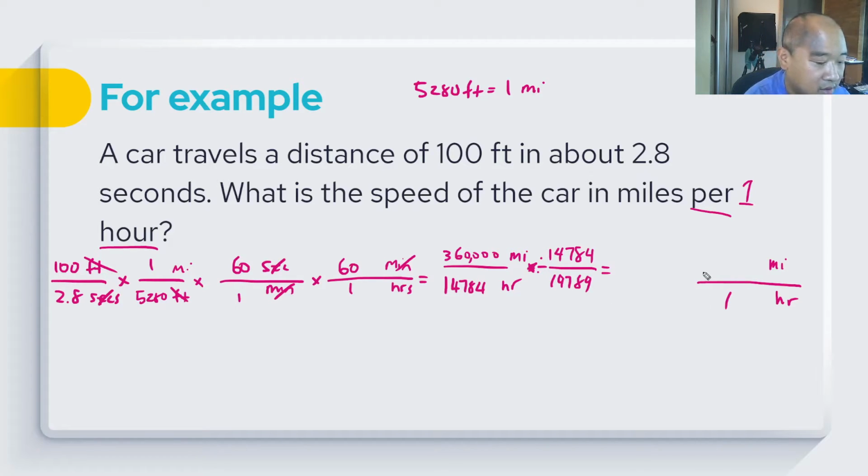And then, let's see, 360,000 divided by 14,784 is 24.35 miles per hour.